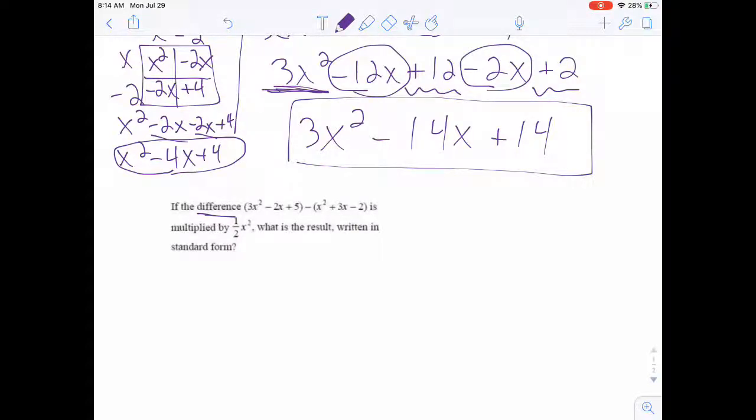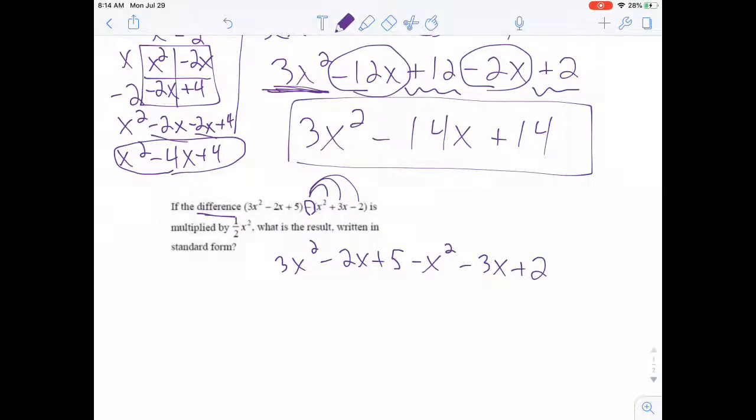There is a minus sign in the middle. Again, if you recall from a previous video, we distributed that negative sign to everything inside the parentheses. The first term, 3x² - 2x + 5, came down as is, untouched, and I distributed that negative sign to give me this polynomial here.